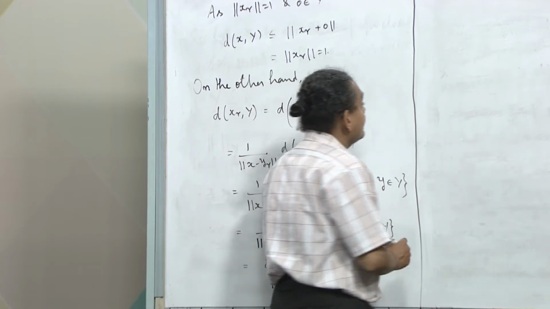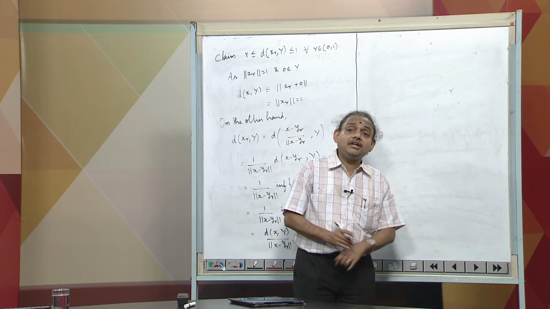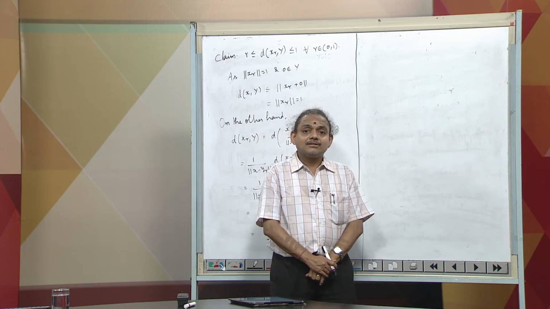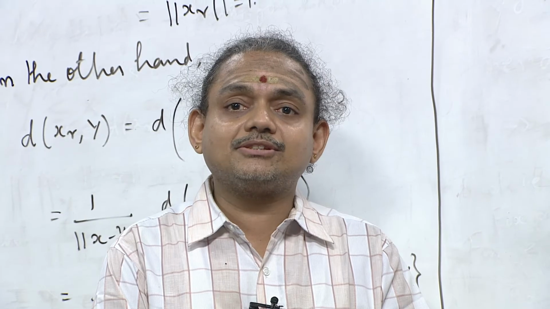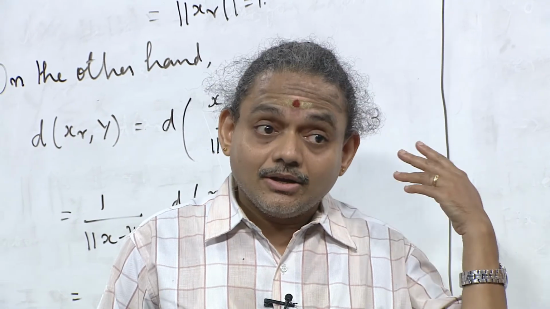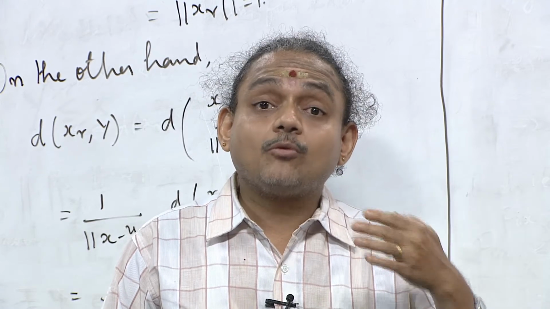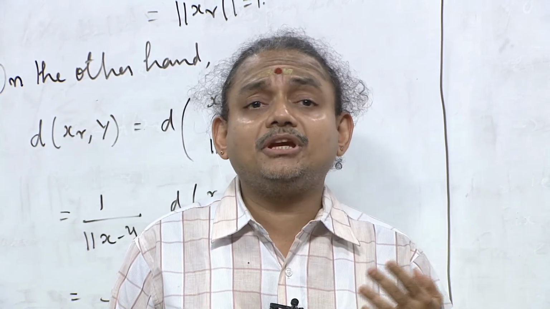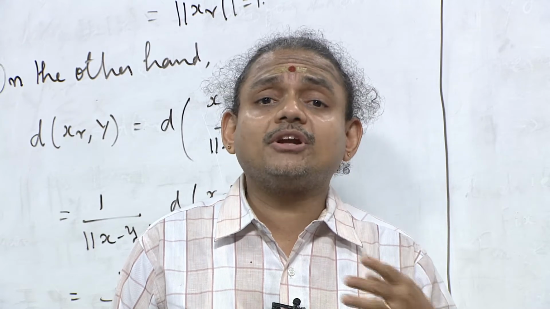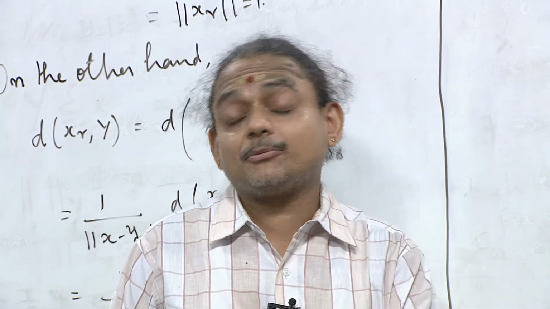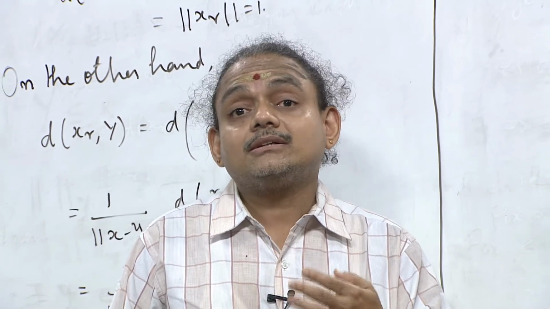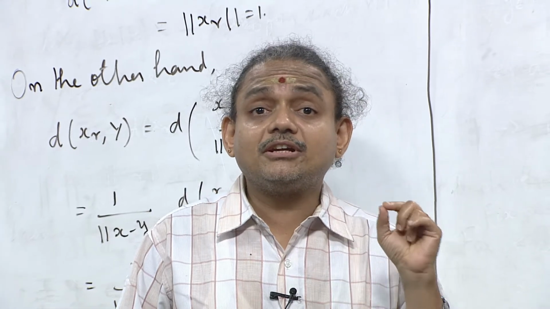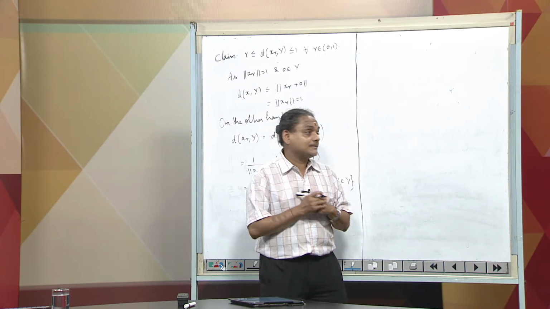When you want to speak about the interior of a subspace, the first question is whether we consider it as a subspace of Y or as a subspace of X, because, being a metric space, you can speak about it either way, but our interest is only with respect to X.